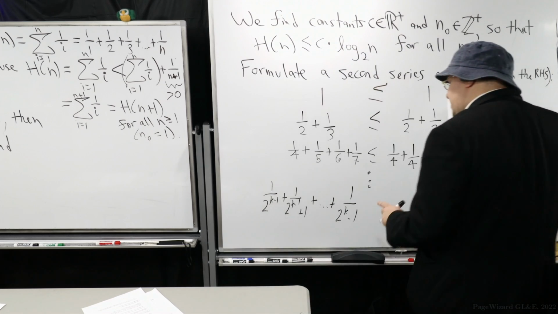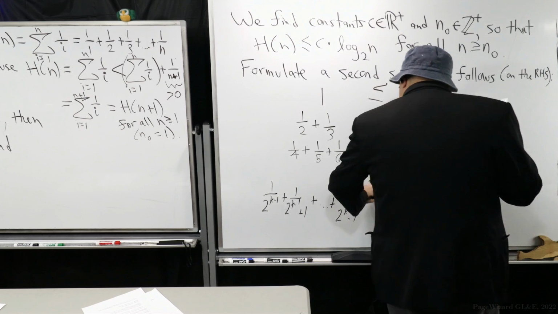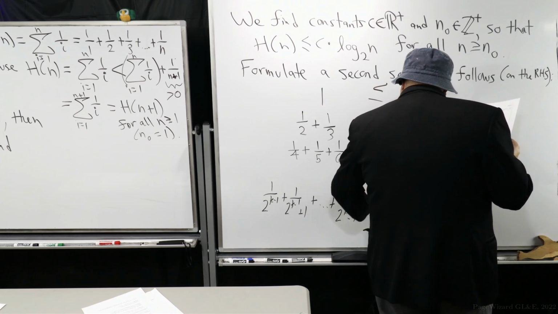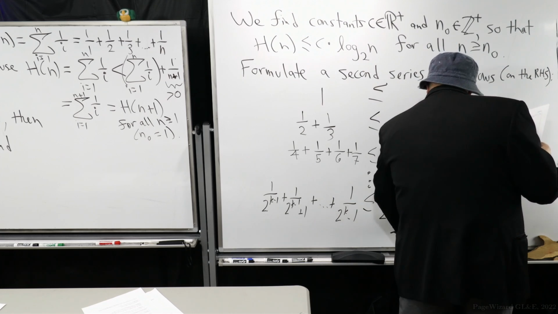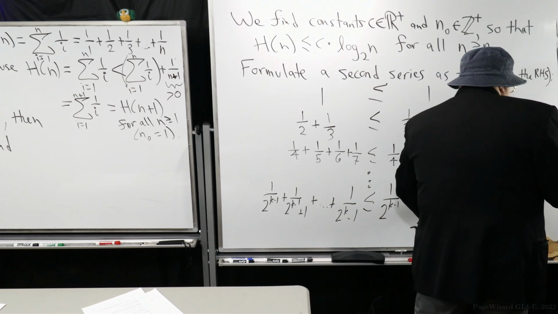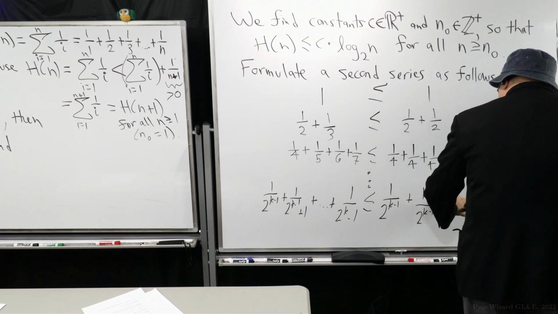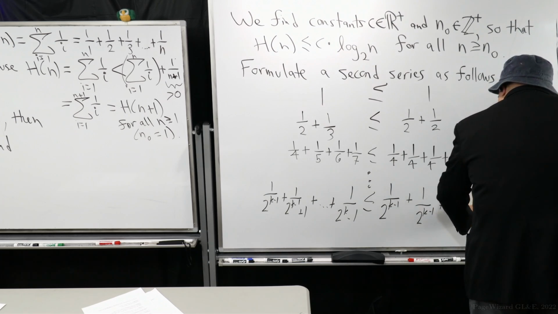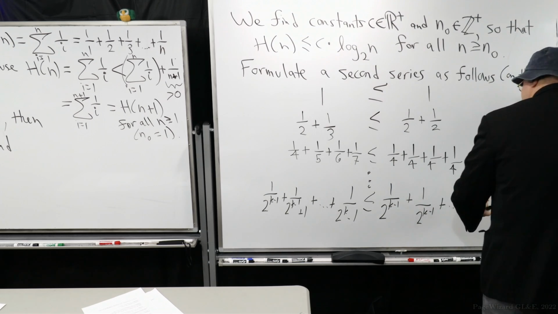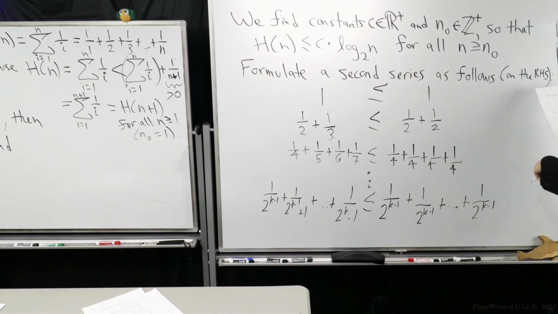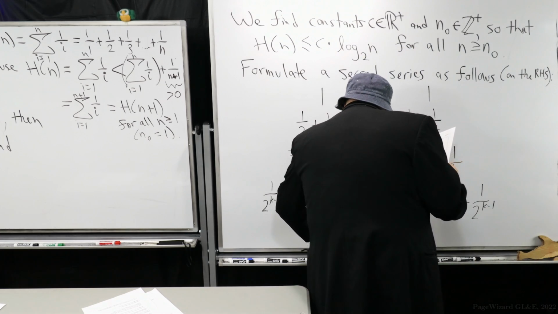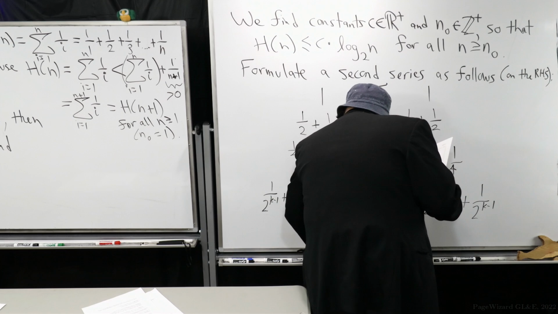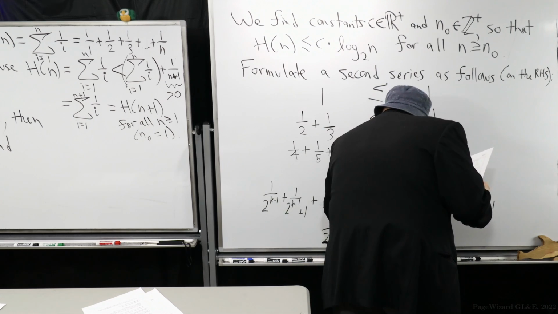So just before the next power of 2, like before, this is all going to be less than or equal to 1 over 2 to the power of k minus 1, and this is written 2 to the power of k minus 1 many times. And then I have my last term like before: 1 over 2 to the power of k is less than or equal to 1 over 2 to the power of k.